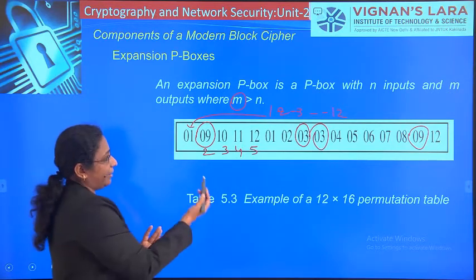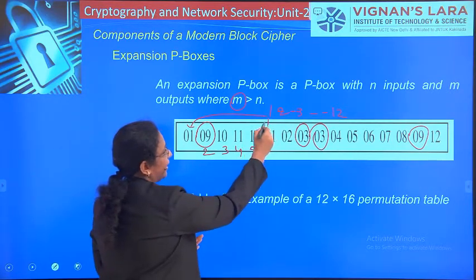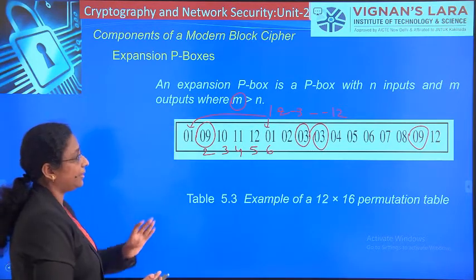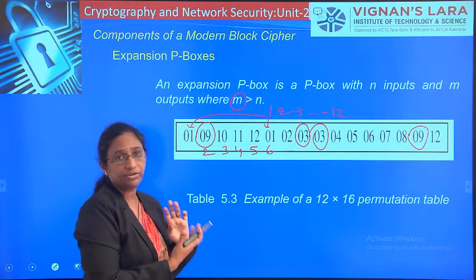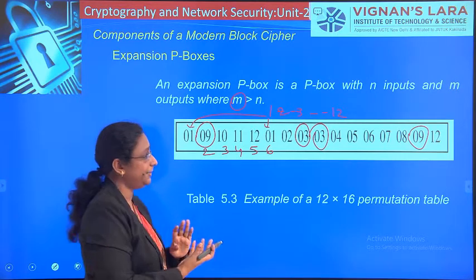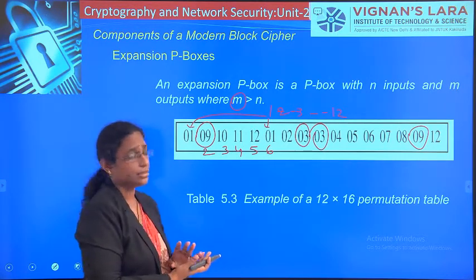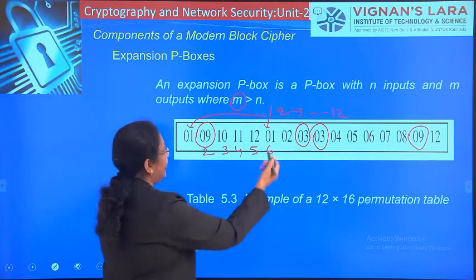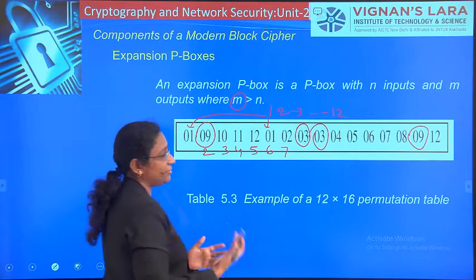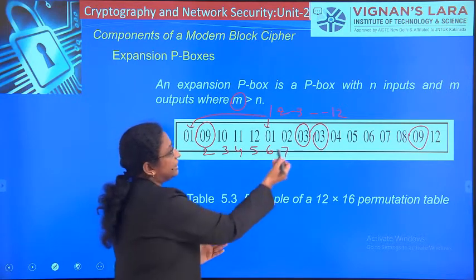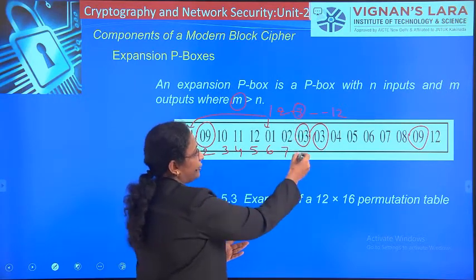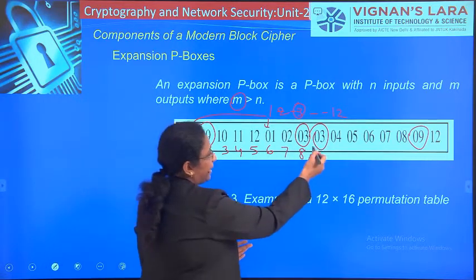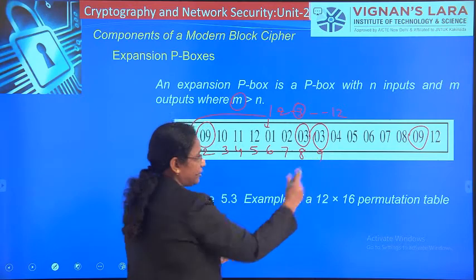Again the first bit will become the 6th bit. So in an expansion box you will be repeating some bits. Again the second bit is your 7th bit. The third bit will become your 8th bit, and again the 9th bit is also the third bit.